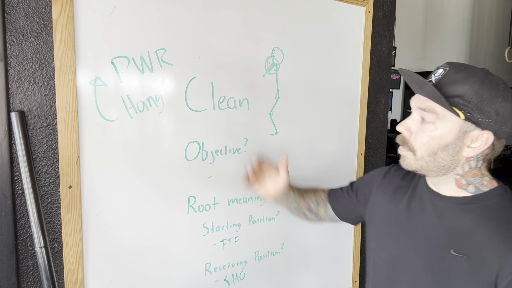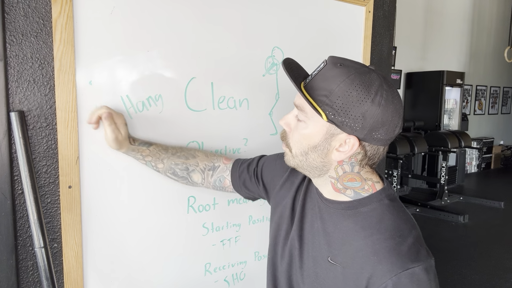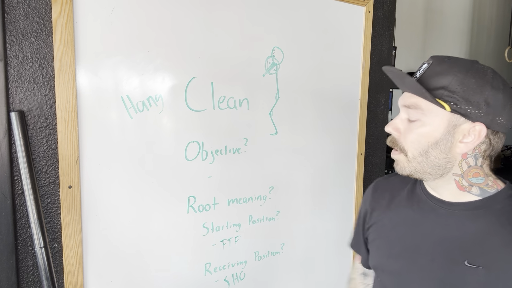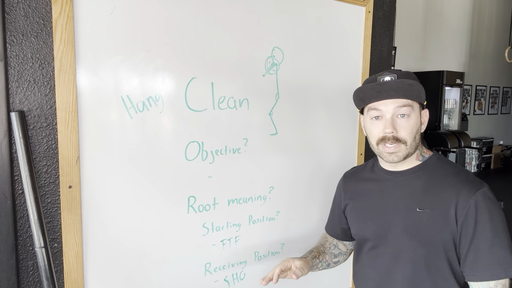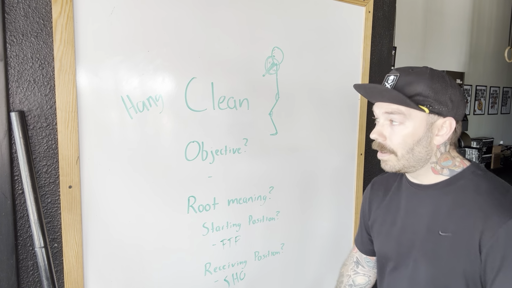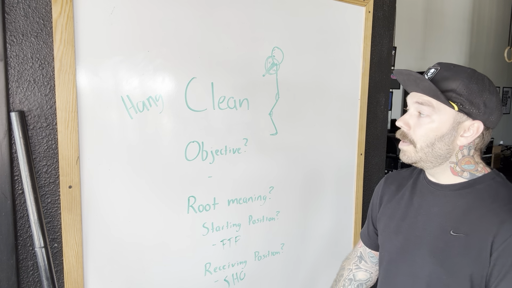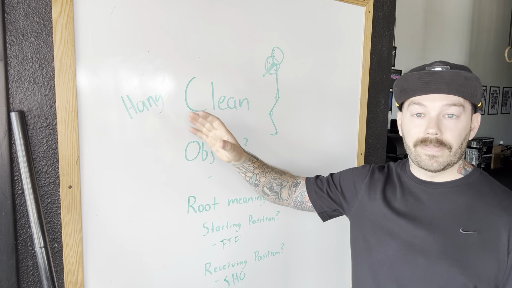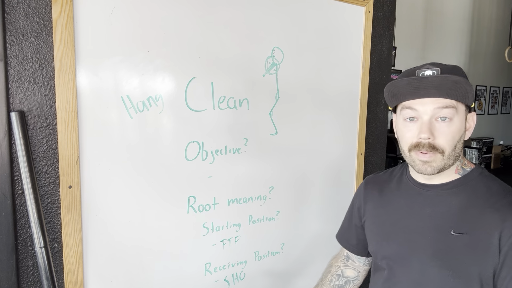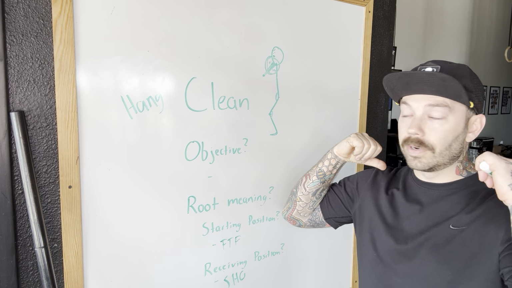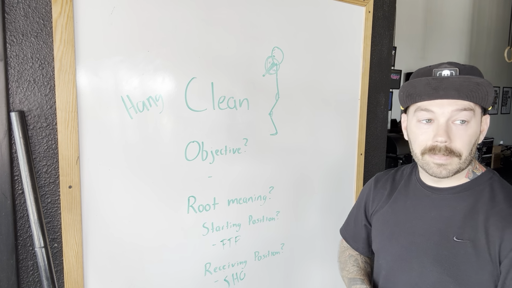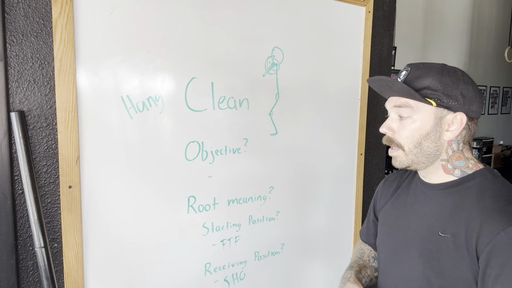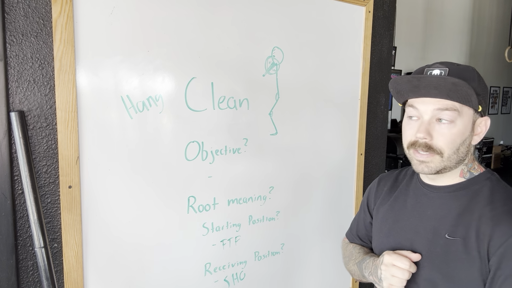Now if we take one of those away and I just go to hang again, all I've changed so far is the starting position. I'm not gonna be from the floor, I will be off the ground, above or below the knee, and the clean without the power prefix just means that I can receive it anywhere I want, from the ground to the shoulder. Generally that is with a squat, but that is more in the world of weightlifting, and it just depends on what context it's in.